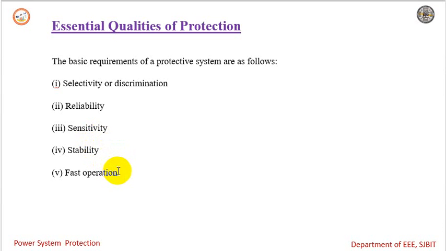Next one is fast operation. Whenever any fault occurs in the power system, a protective scheme should be fast enough to isolate the faulty element of the system as quickly as possible, in order to minimize damage to the equipment and to maintain system stability.